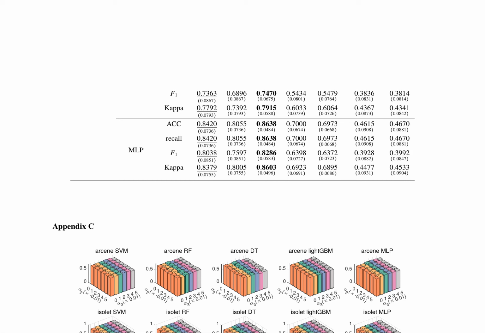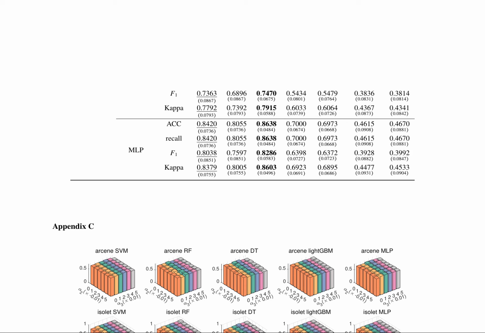The experiments evaluate the performance of various machine learning models on different datasets using selected predictors under different parameter settings of TNVs. Models considered include support vector machine, SVM, random forest, RF, decision tree, DT, Light GBM, and multilayer perceptron, MLP.